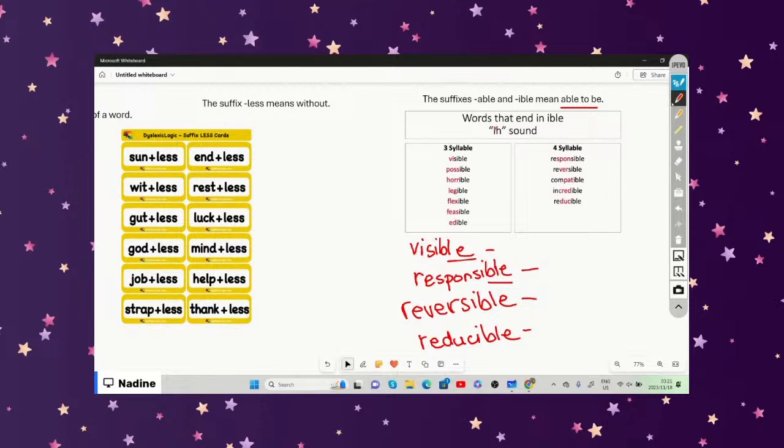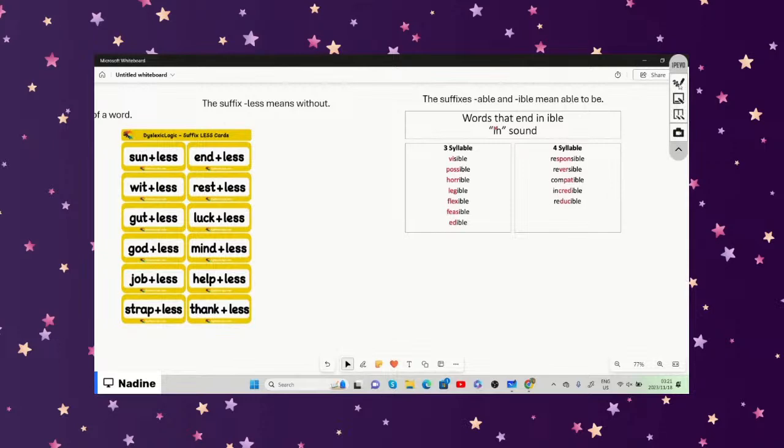The meaning of the word less, it means without. So less means without. And the suffix able, it means you're able to, or the ability to, right?